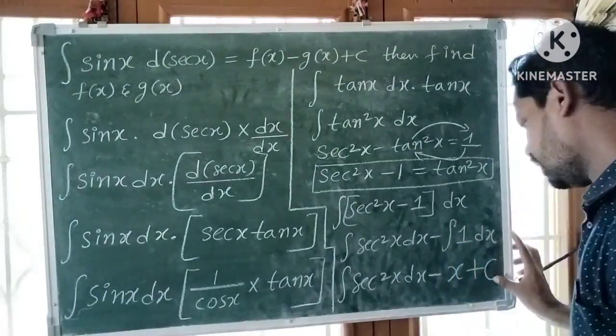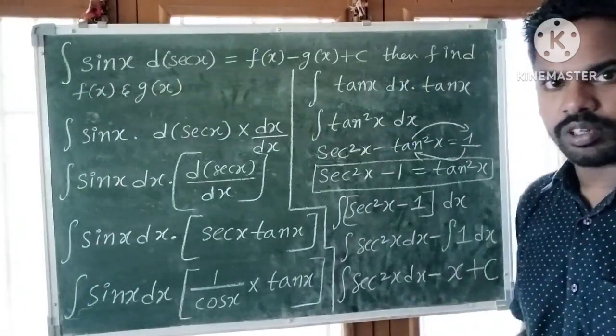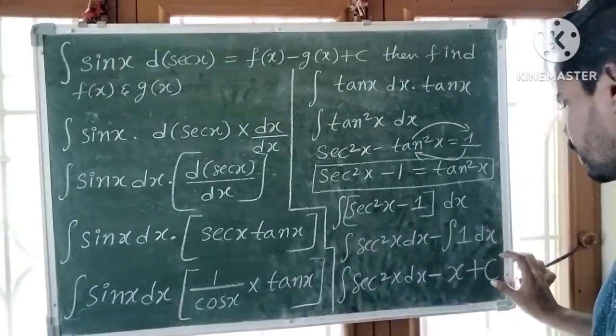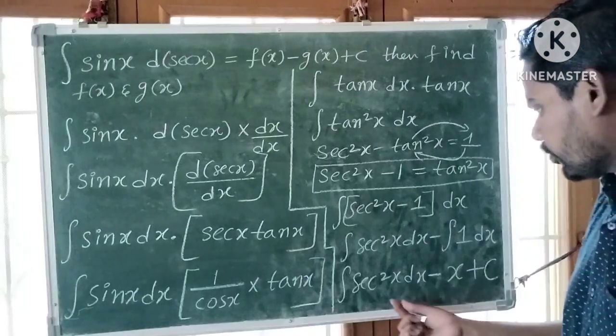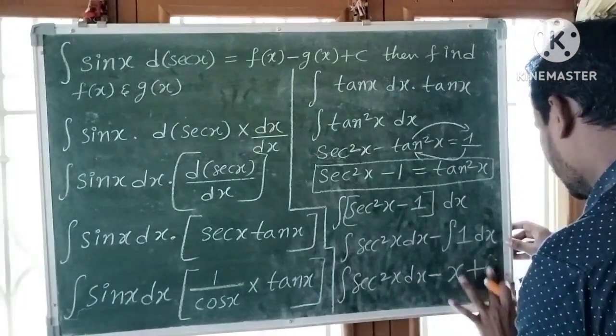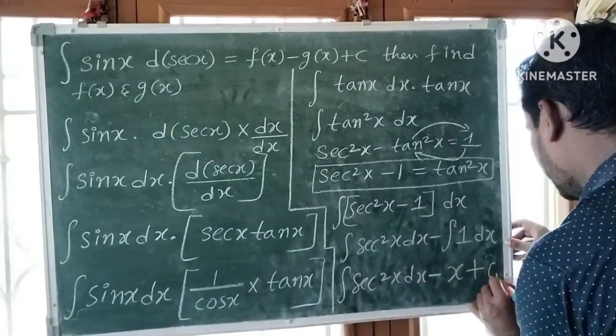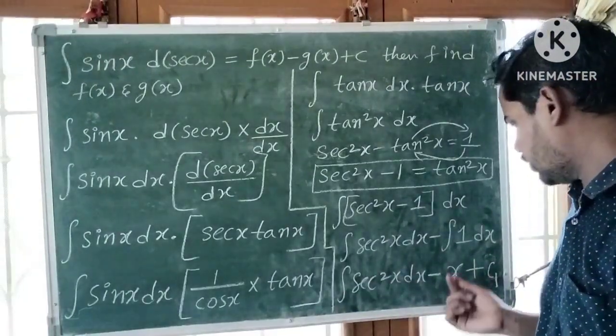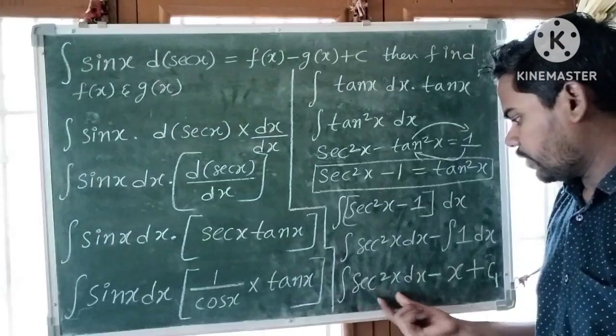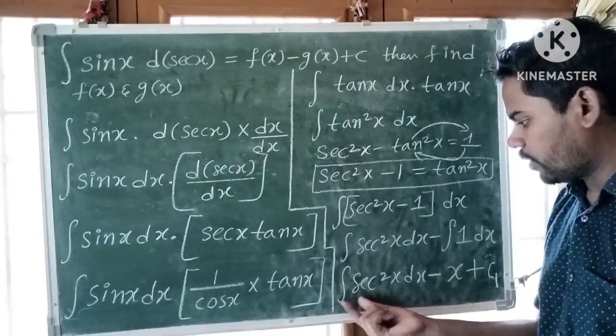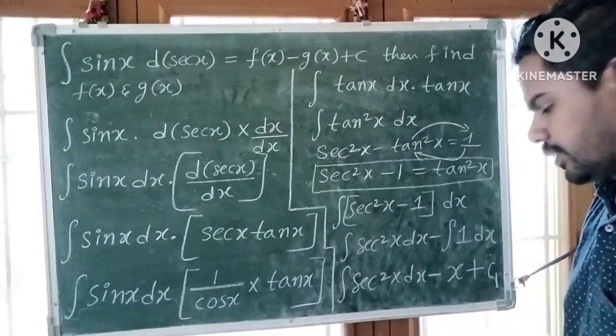Let us consider c. So this is c1, because here also we have to apply integration. Now we have to write the formula of integral secant square x dx.